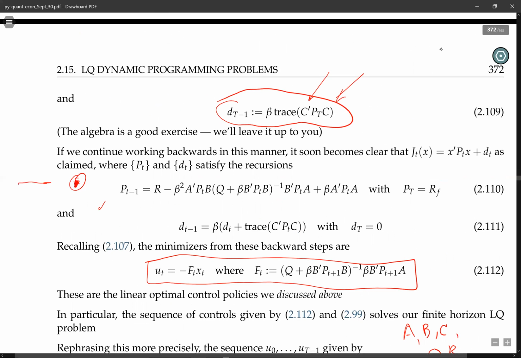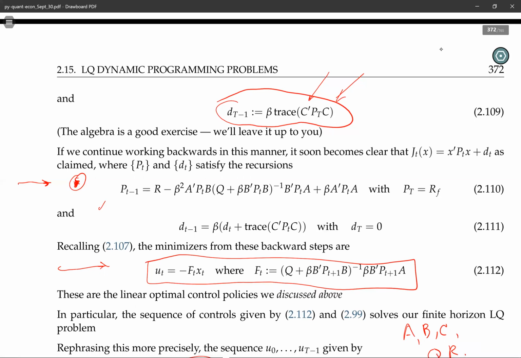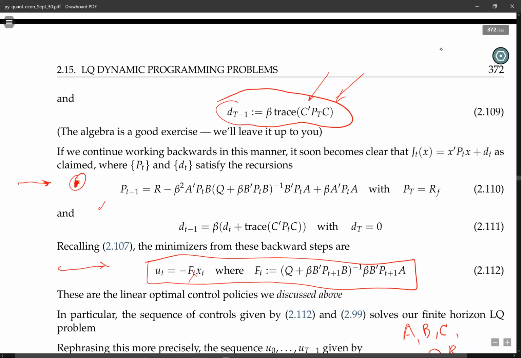Look at this equation right here. And look at this decision rule u_t. This equation basically says for every date, there's a different decision rule. It's linear, but it depends on t. Wouldn't it be nice if it didn't depend on t?